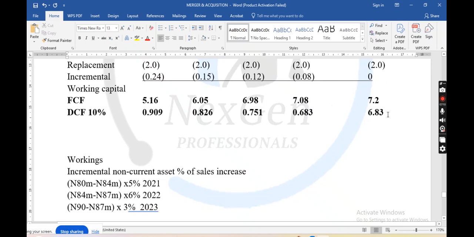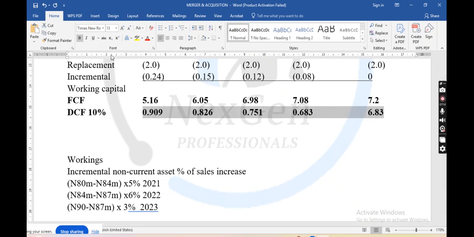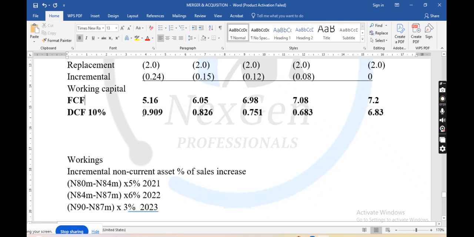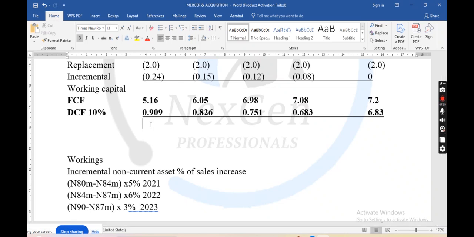Now, if this is established, what will be the value when you multiply? I need the figures, please. The first one, 4.690. The second one, 4.961.